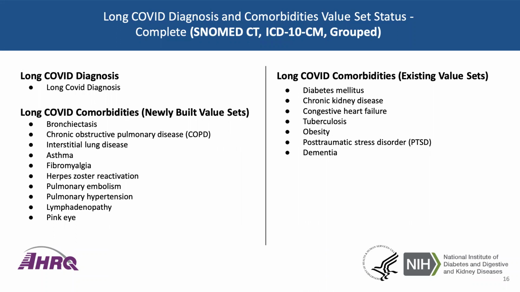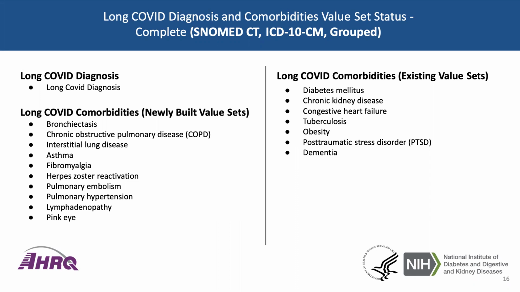And what we have done in this list is that we have reviewed the value sets built prior for multiple chronic conditions. So there were existing value sets for diabetes, chronic kidney disease, congestive heart failure, tuberculosis, obesity, PTSD, and dementia, which you can see on the right side. We haven't rebuilt those because we want to use the prior work as much as possible.